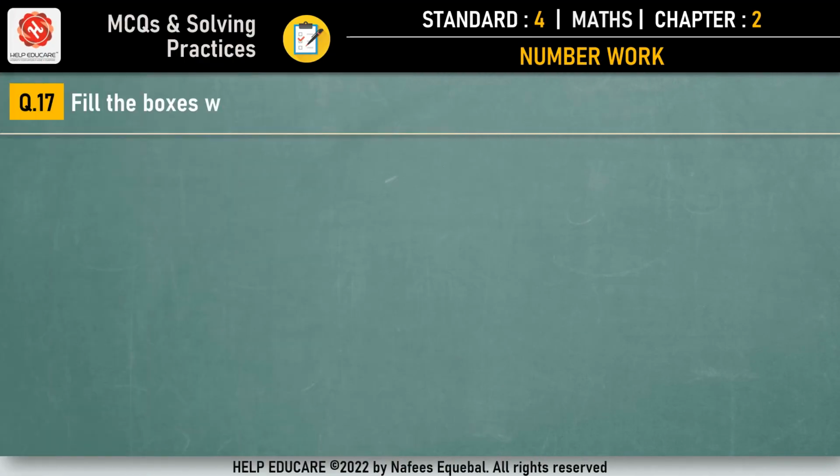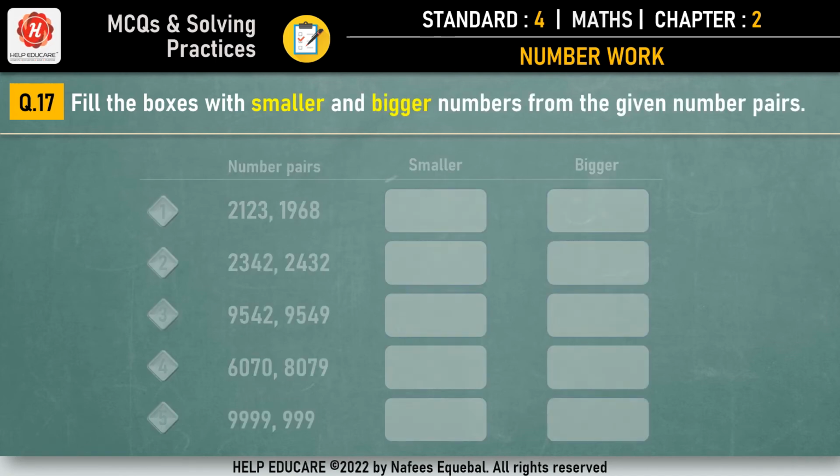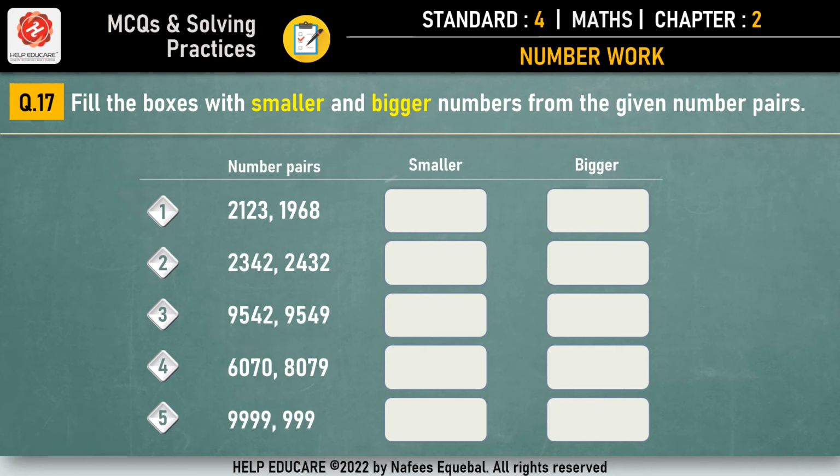Question number 17. Fill the boxes with smaller and bigger numbers from the given number pairs. Answer will be displayed in 10 seconds.